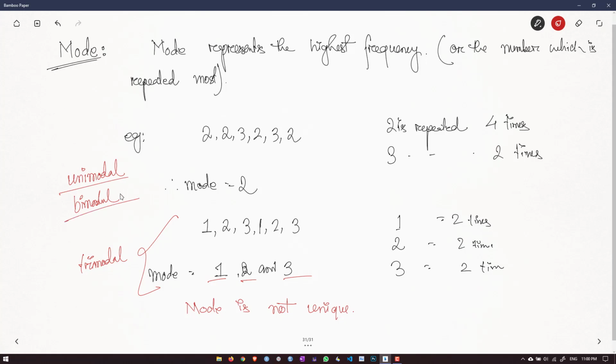So we will not go into that, but simply remember, if you hear the word unimodal, that means there is only one thing which is repeated most number of times. If it says bimodal, that means there will be two items which are repeated most number of times, right? So this is mode for ungrouped data, where you have only simple numbers, then just count the value which is repeated most number of times. That will be your mode.